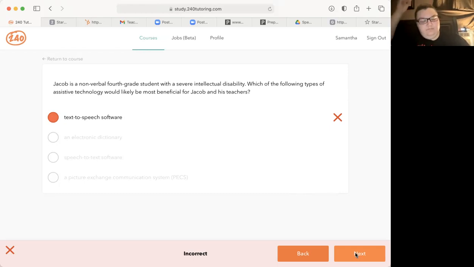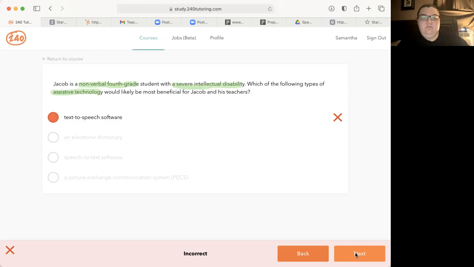You have this nonverbal 4th grade student, and he has severe intellectual disability. So not only can he not speak, he has severe intellectual disability. When we're thinking about assistive technologies, what would be most beneficial to someone who can't speak and is severely intellectually disabled?